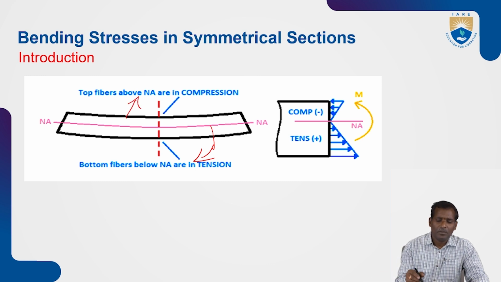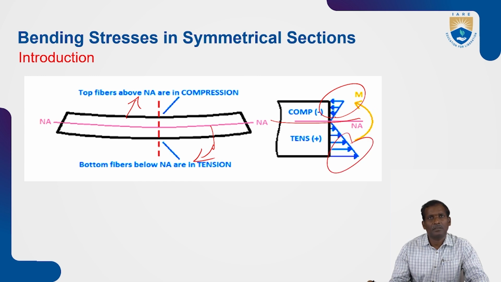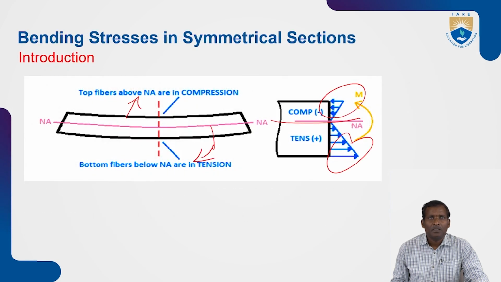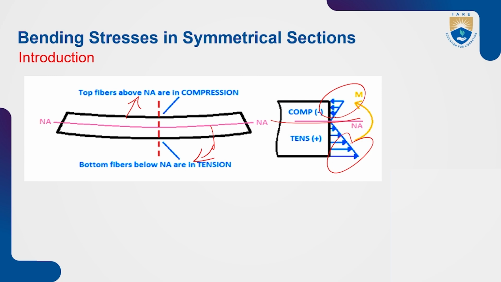So whenever the beam is subjected to loading, the upper portion is in compression and the lower one is in tension. Always, tension is represented as positive and compression as negative. So these are the bending stresses in symmetrical sections, and the bending stress equation we have also derived in the previous sessions.